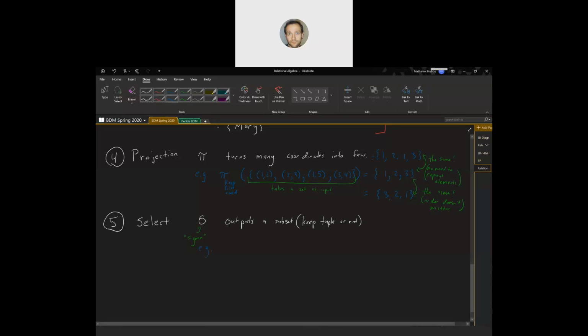So, for example, sigma the second coordinate is even. And so this is also a function, and it's a function that takes a set as input. And let's see if I can save time and just use the same numbers here.